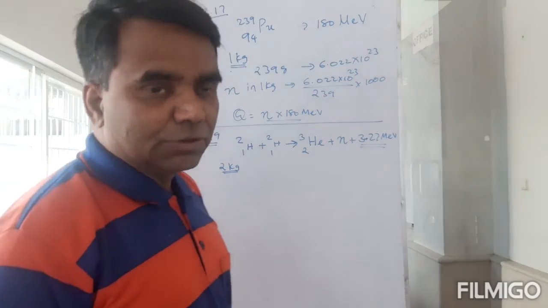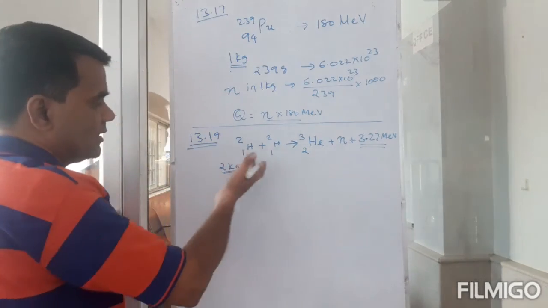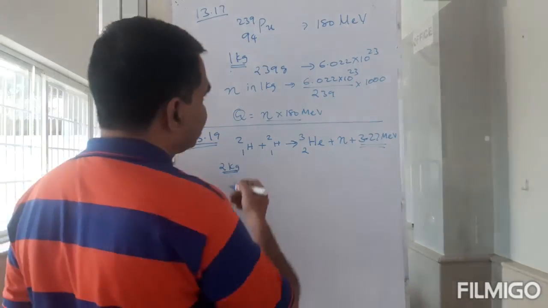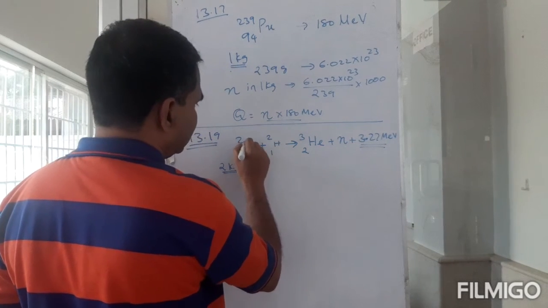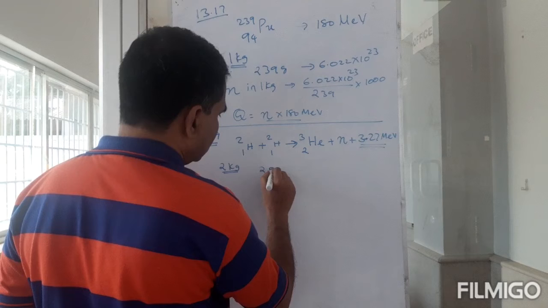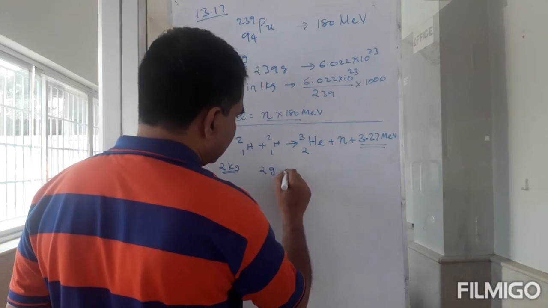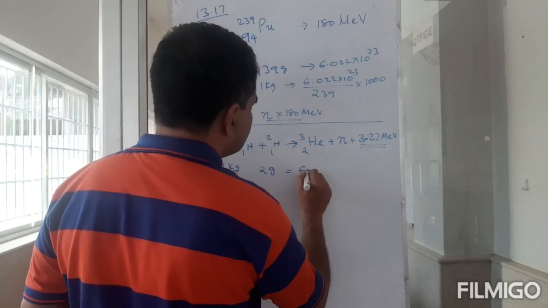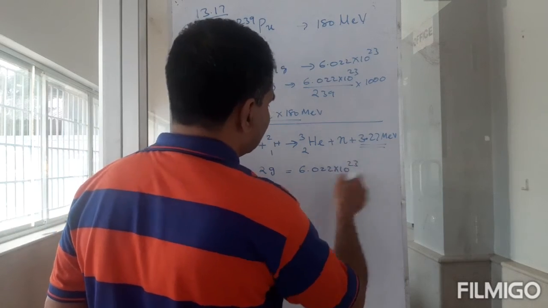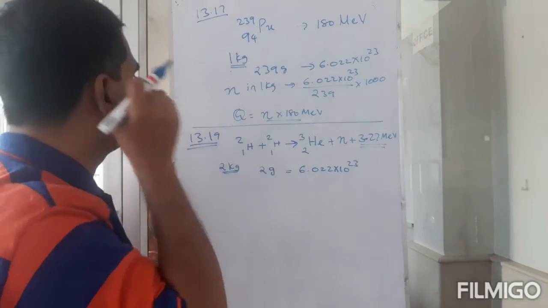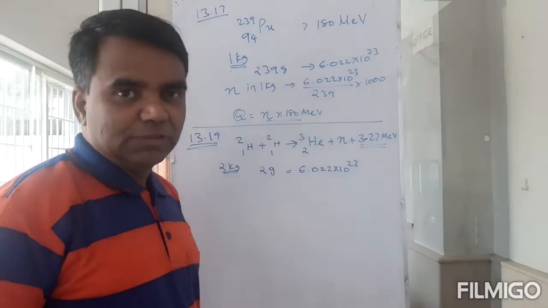Okay? So very simply, 2 grams will contain 6.022 into 10 power 23 deuterium nuclei.